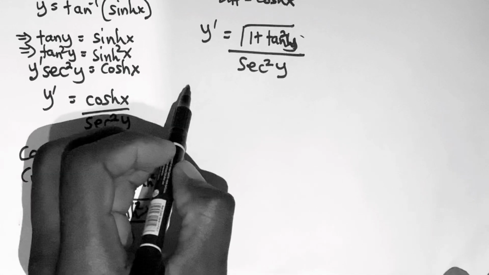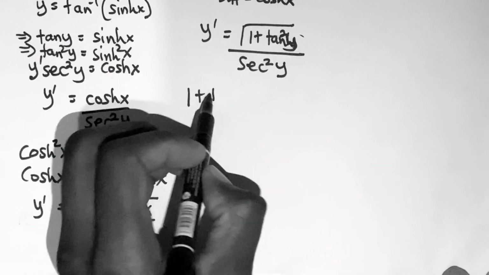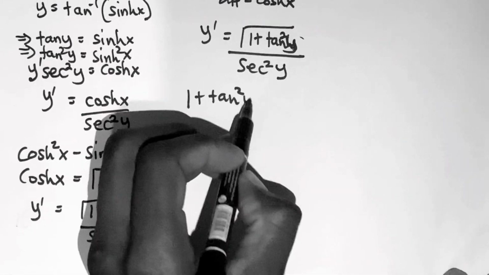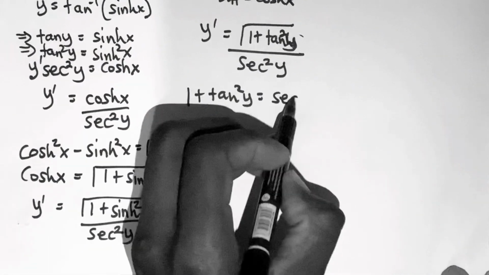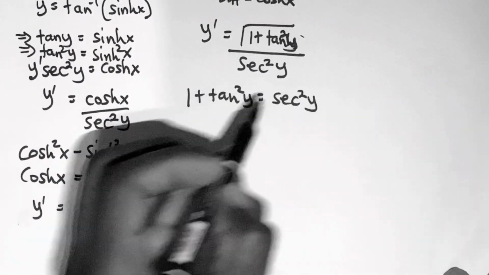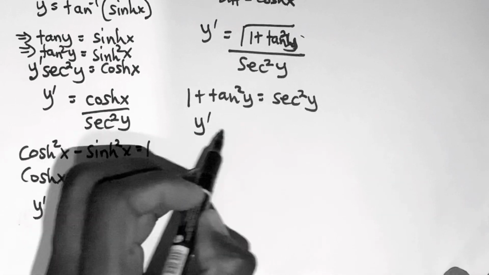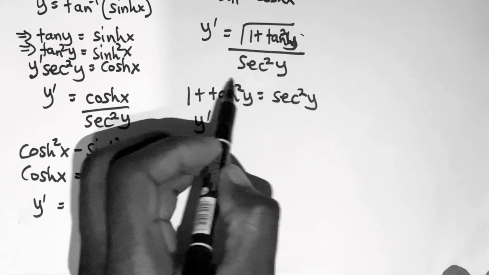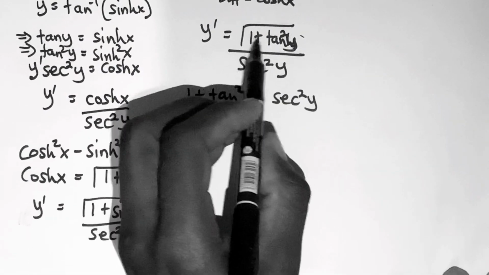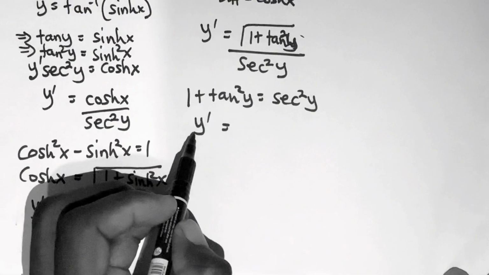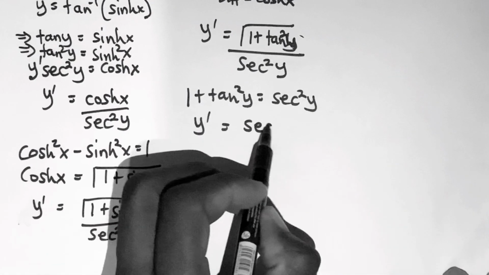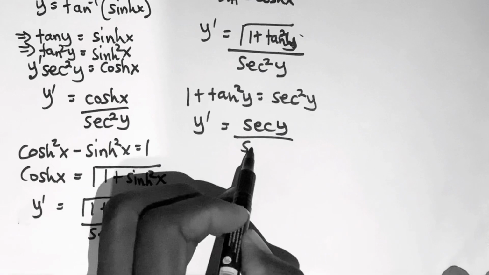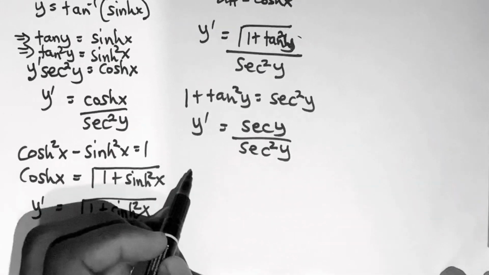But from trig identities, we know that 1 plus tan squared y is equal to sec squared y. So square root of 1 plus tan squared y is going to be sec y. So here is going to be sec y divided by sec squared y.